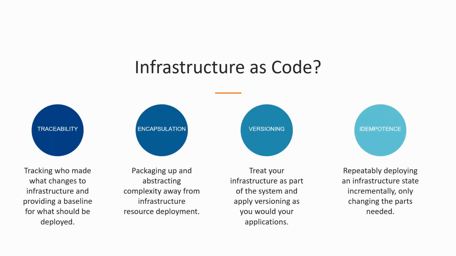Another big thing here is idempotence. This is something that when I first started using Azure, quite some time ago now, the portal was great, but I couldn't easily do the same things over and over because I'm fallible, I'm a human. Then I moved to PowerShell, and that was great. But if I got halfway through a script and then it failed, I couldn't then just make a small tweak and then rerun the whole script because everything had been done before.